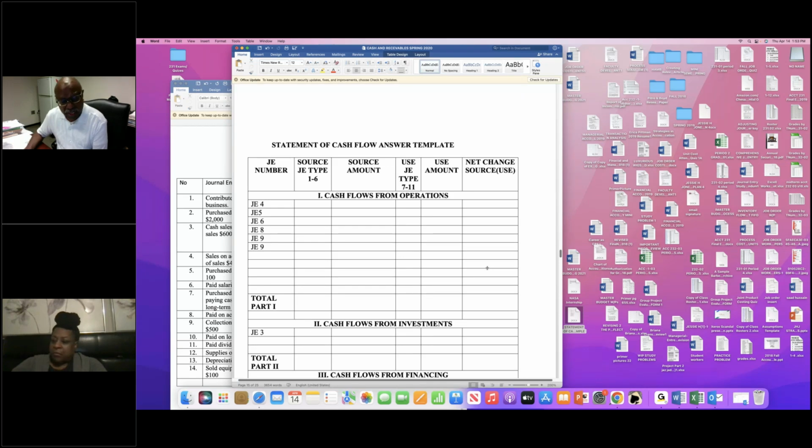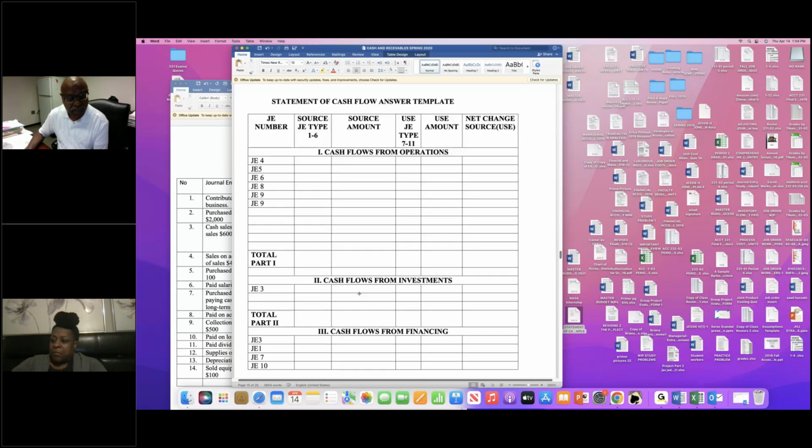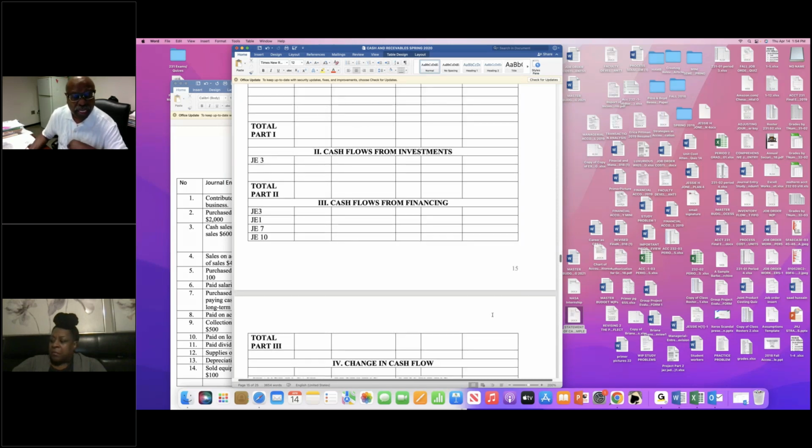In investments, we're concerned with, okay, did we buy things? And we hope that this is negative. We hope part 2 is negative. Part 3 is financing, where did the cash come from and where did it go? Then we get to our change in cash flow.